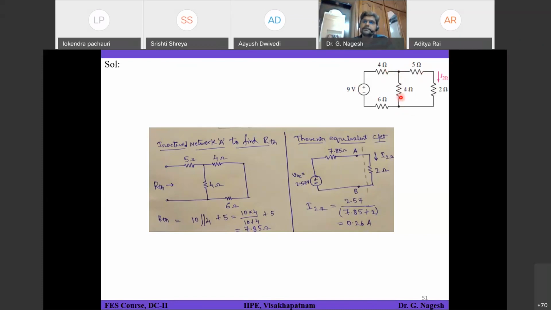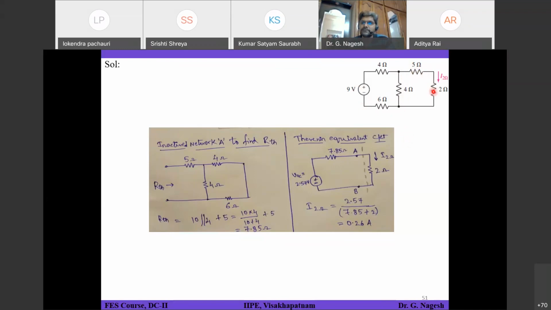Sir, how can we apply Ohm's law across the 6 ohm resistor? Yes, sir. If that is the case, why go for Thevenin's theorem? First of all, you tell me.